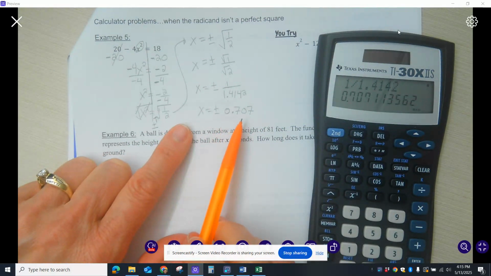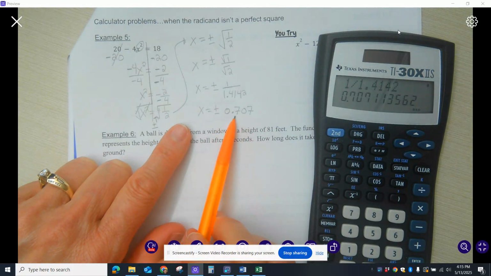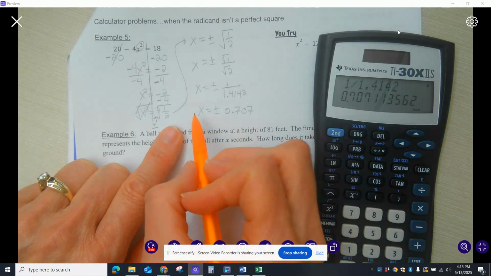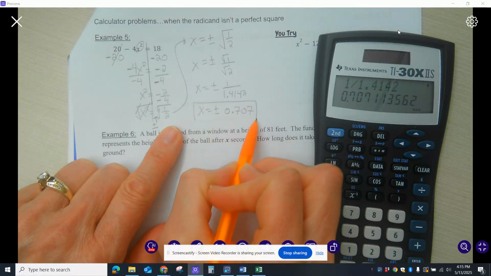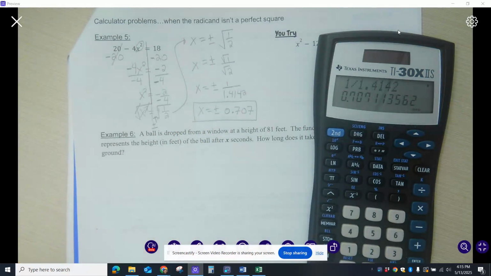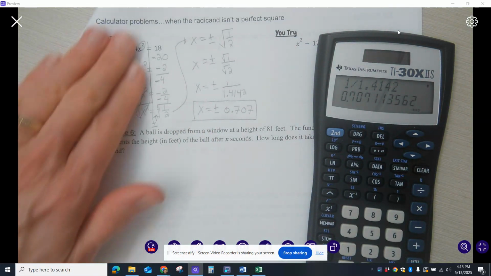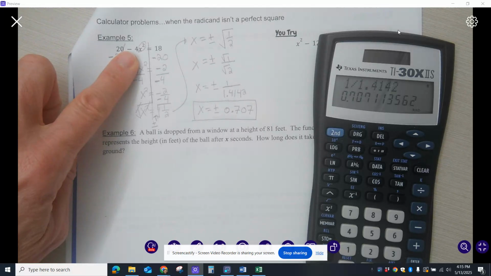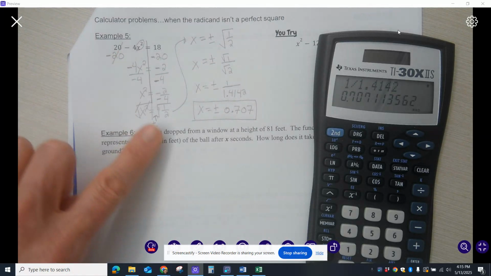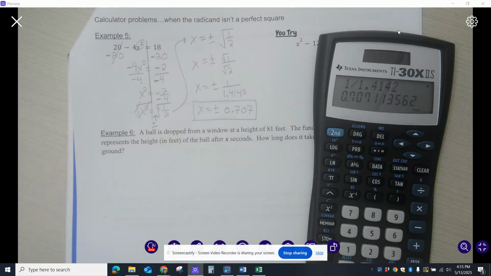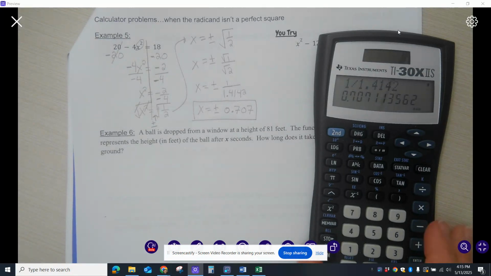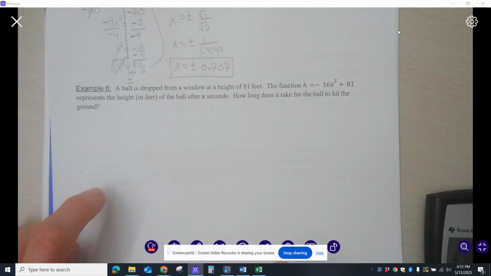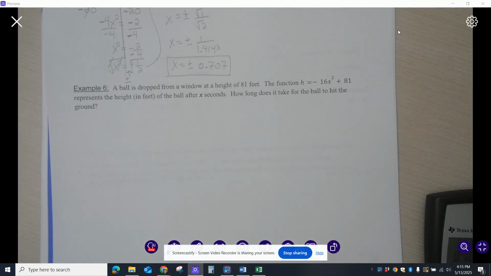I want you to always give me 2 or 3 numbers past the decimal. I did 3 in this case. Okay? So same idea. Isolate the x squared, square root both sides, add your plus or minus. This one you just get a decimal answer. I think I'm going to save this for a separate video.